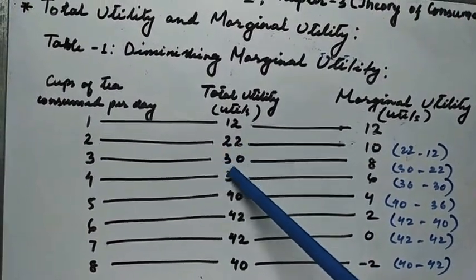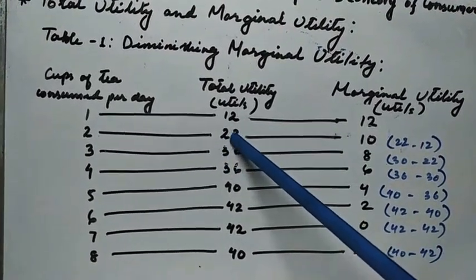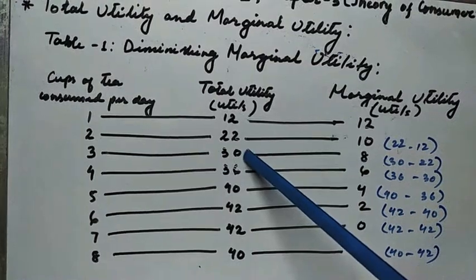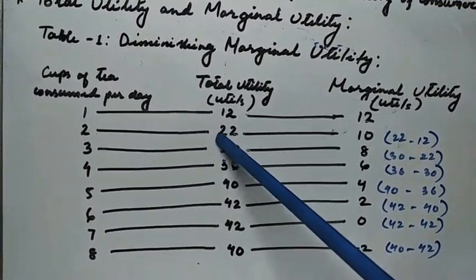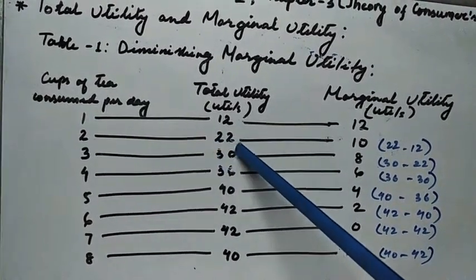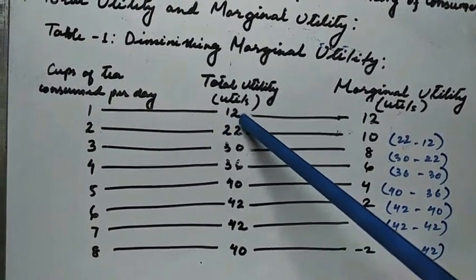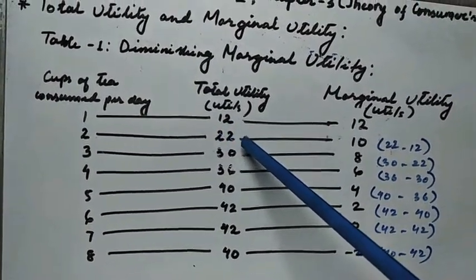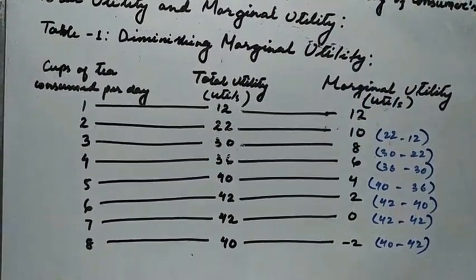So by consumption of the 3rd cup of tea, the consumer has made an addition to the total utility equal to 8 utils. 8 utils is added to the total utility of 22, and that 8 utils is the marginal utility.